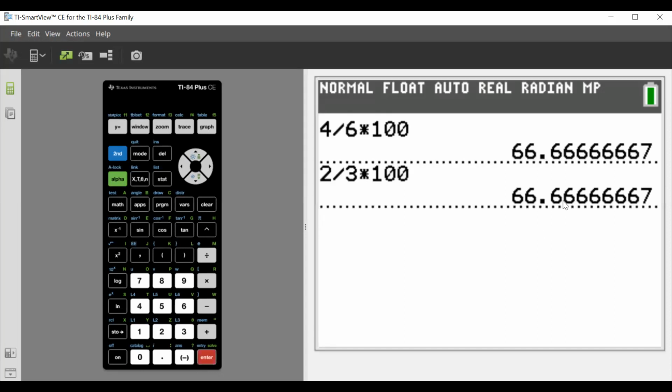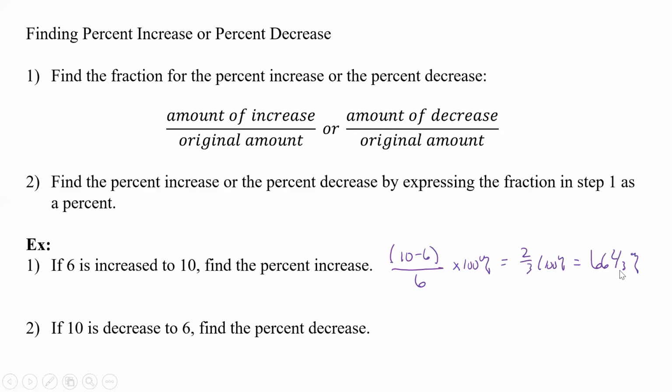And in either case, we get the 66.666. Now remember, .666 is going to be 2/3. And so we could write this as 66 2/3%, or how the calculator showed it, 66.6. And then if we round it to the hundredths here, it'd be 66.67%.